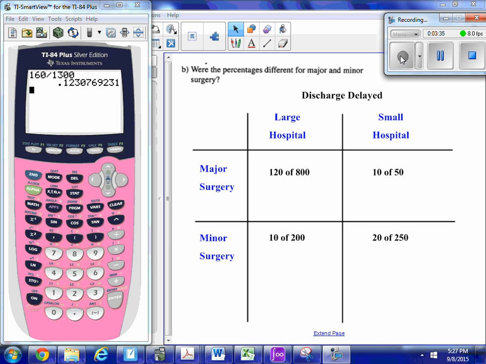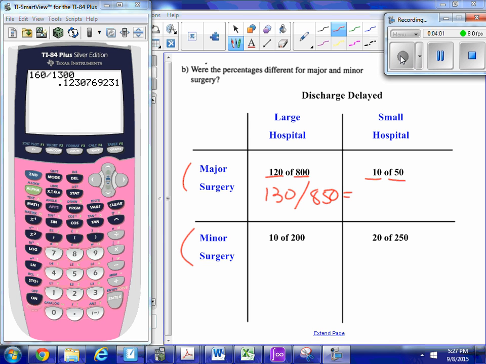The next question is asking, were the percentages different for major and minor surgery? So they want us to now differentiate between major surgery and minor surgery. Well, for major surgery, I can see that I had 130 delays out of a total of 850 patients.